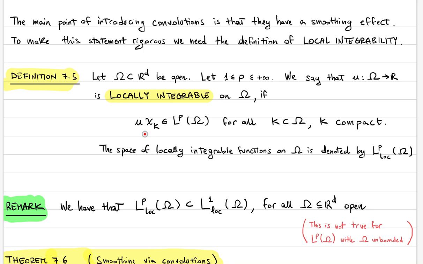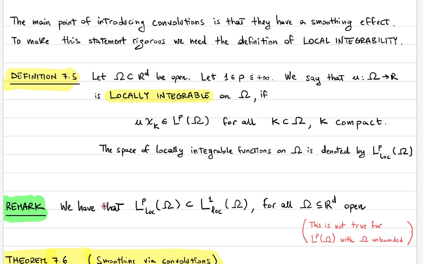However, if you look at this condition, whenever you multiply the constant by the characteristic function of a compact set, then you get that the integral is finite, because it is just the measure of the compact set, which is finite, times the constant. So in that case, the constant belongs to L1 loc, but not to L1.